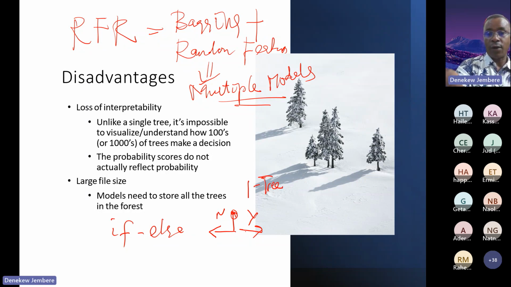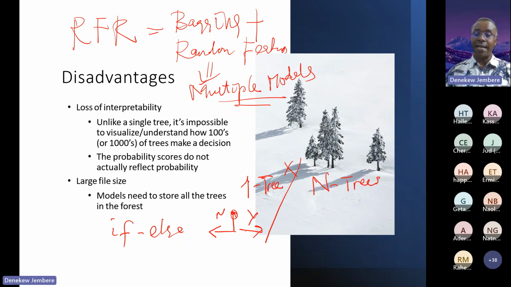In the case of random forest regressor or bagging that also involves randomly selected features, instead of this we will have n models or n trees.